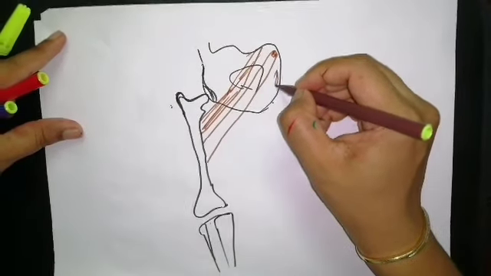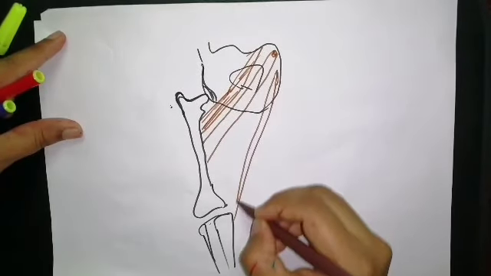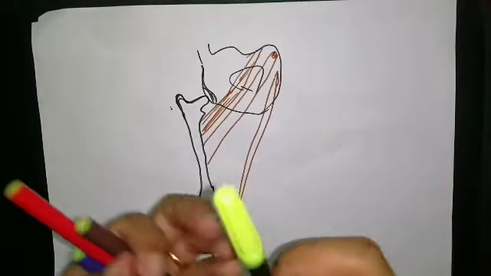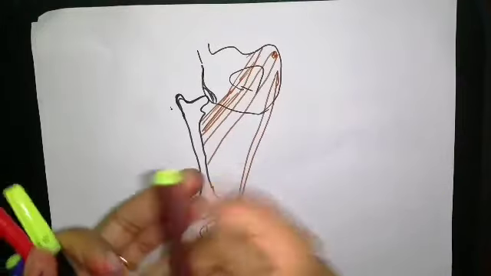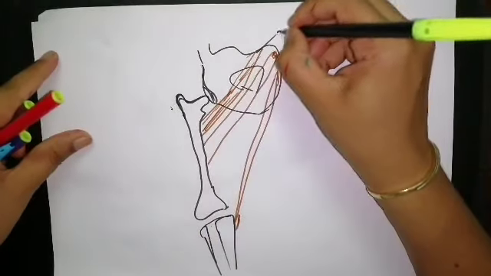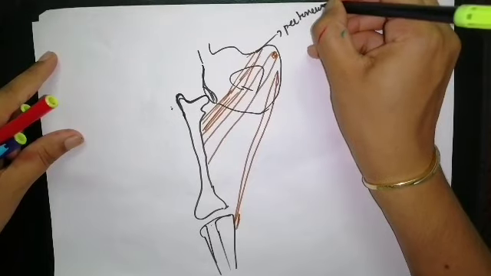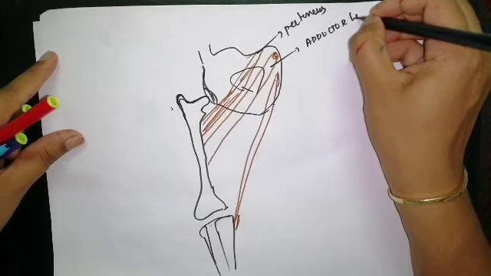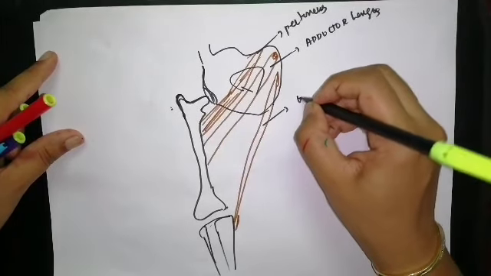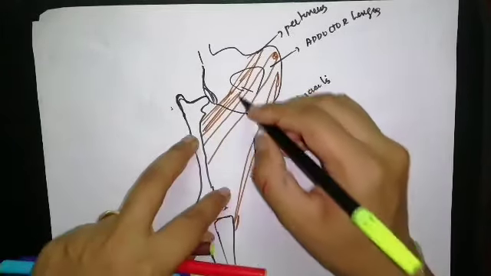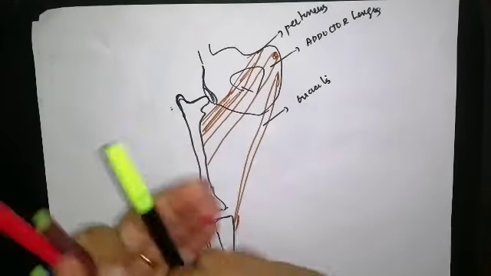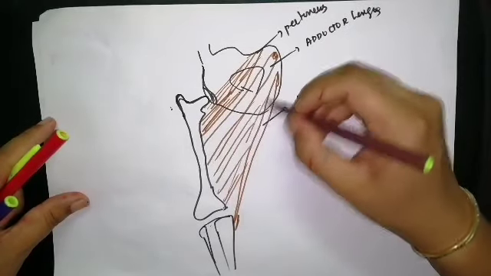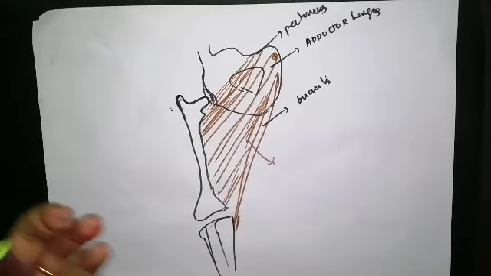Deep to the pectineus and adductor longus, you have adductor brevis, and you have one bulky muscle lying posterior to all these muscles, the adductor magnus.